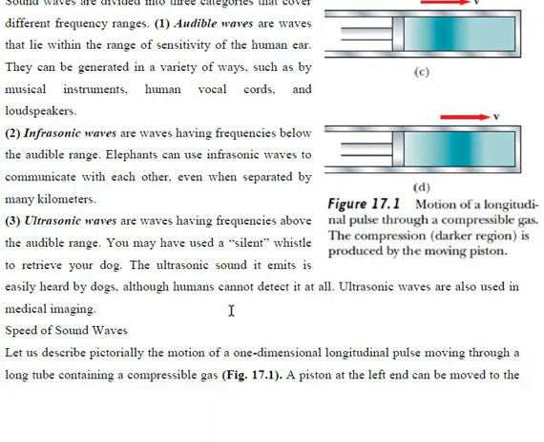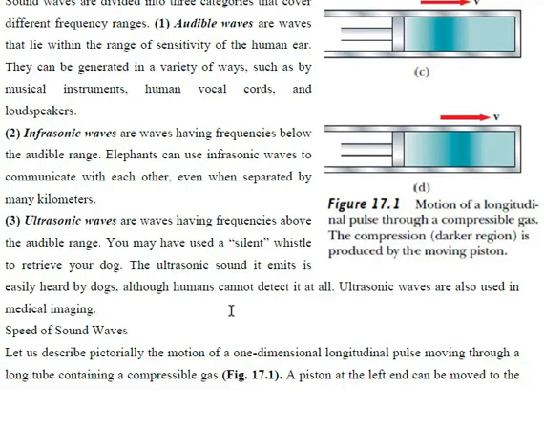The sound waves whose frequency is below 20 Hz are said to be infrasonic waves, while the sounds having frequency greater than 20,000 Hz, higher than the audible sounds, are said to be ultrasonic waves.